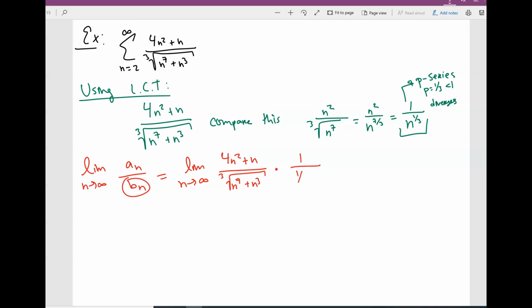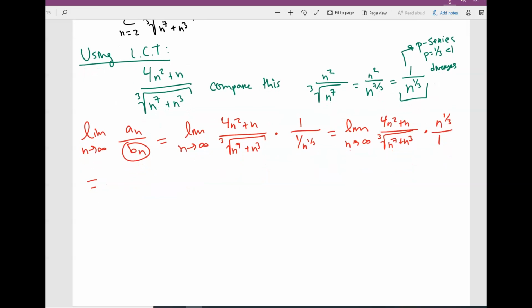In this case, it's going to be 1 over n to the 1/3. I can flip this over, so I'm going to have the limit as n goes to infinity of 4n squared plus n divided by the cubed root of n to the 7th plus n cubed, times n to the 1/3 over 1.